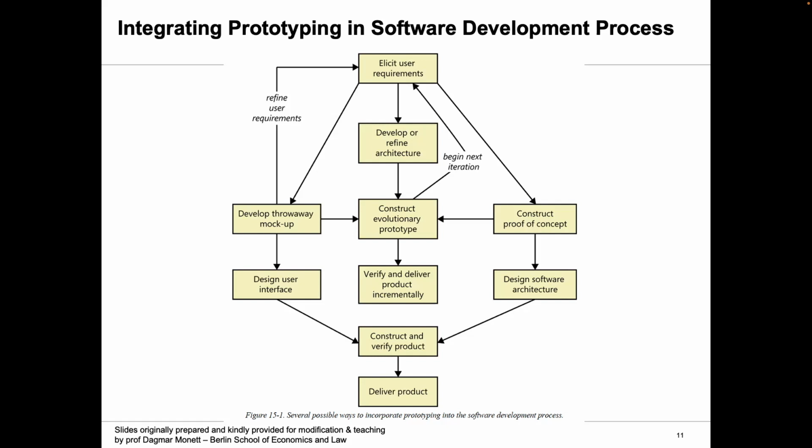The other option is that you develop your architecture, and from that, in other words, you refine your requirements, and from that you construct your evolutionary prototype. While the third option is the proof of concept. There will be implementation involved in it, but remember, it is not evolutionary in that sense.